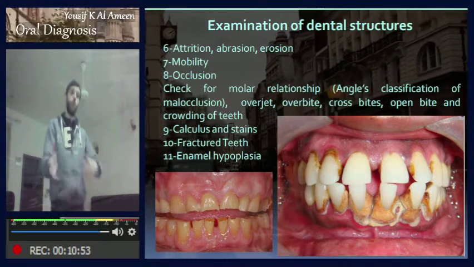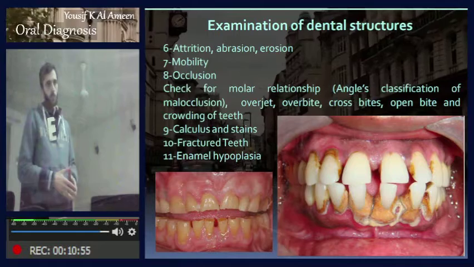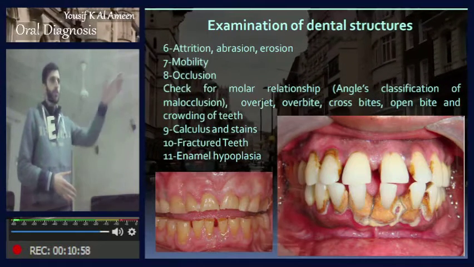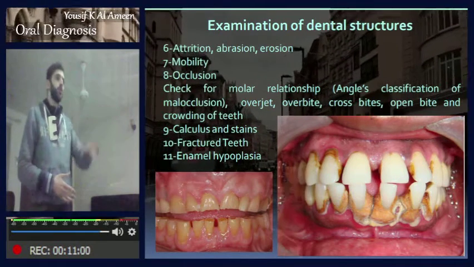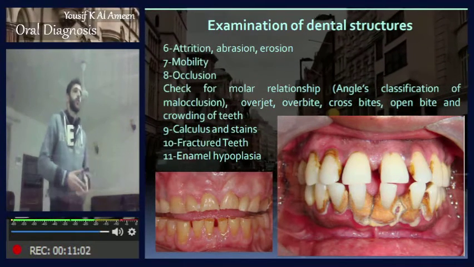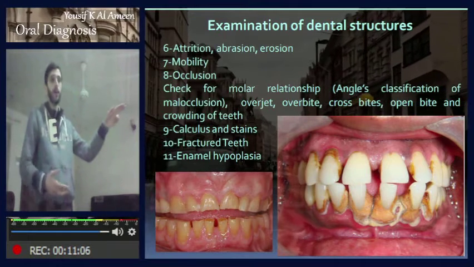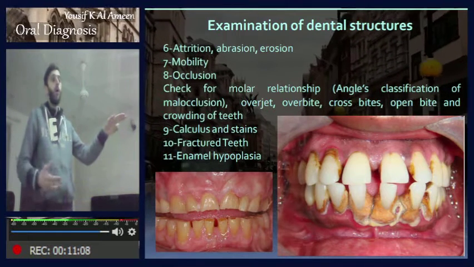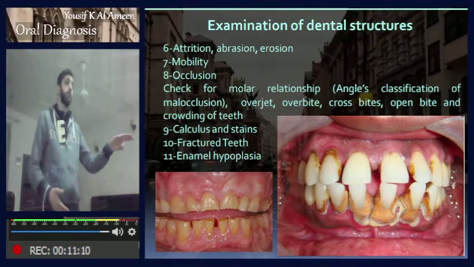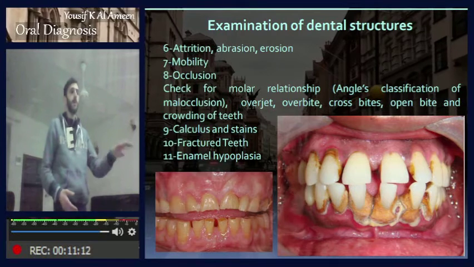We have to check for all of these. Attrition, abrasion, erosion, mobility, occlusion, check for molar relationship, Angle's classification of malocclusion, overjet, overbite, crossbite, open bite, and crowding of teeth, calculus and stains, fractured teeth, enamel hypoplasia.